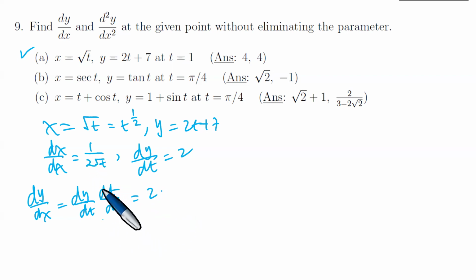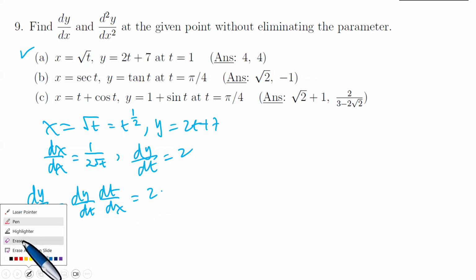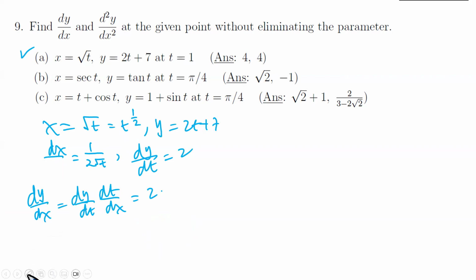dt/dx, you do the opposite of this, so obviously this one we mean dx/dt. So dt/dx is the reciprocal, which is 2 square root of t.